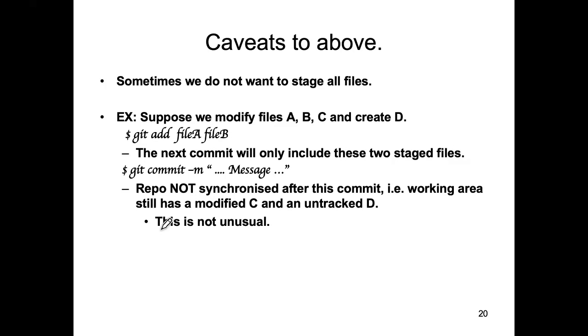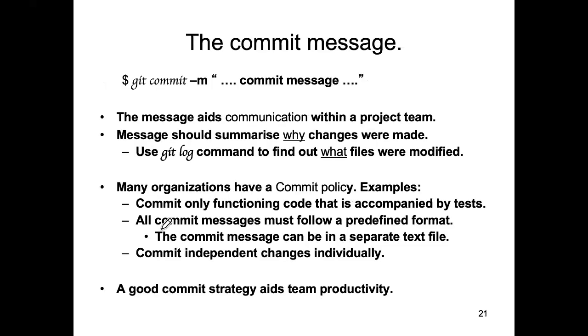And the emphasis is on why. So you need to step back and ask yourself, why did I make the various edits that I've been working on for the last however many hours? And the answer to that question should be expressed in the commit message as succinctly as you can.